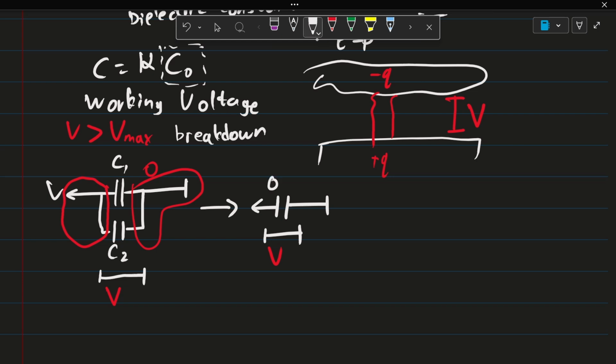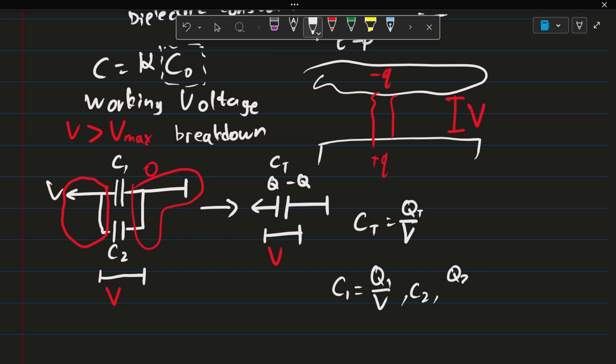And there is a buildup of positive Q and also negative Q. So our total capacitance here has to be this Q over this voltage, pretty much the same, the Q total. And from this observation, we do see that C1 is pretty much Q1 over V, and C2 is Q2 over V.